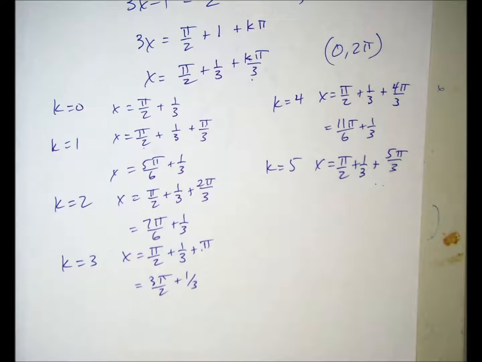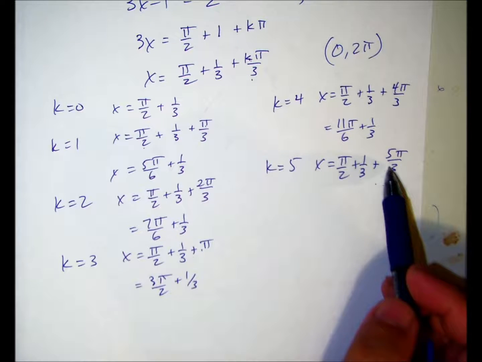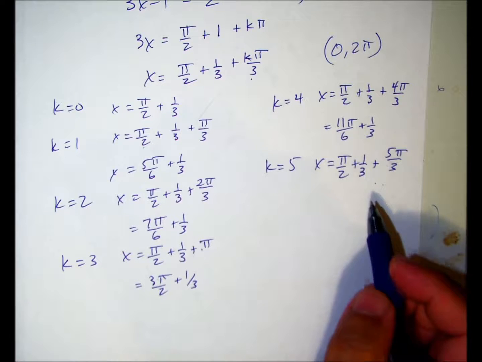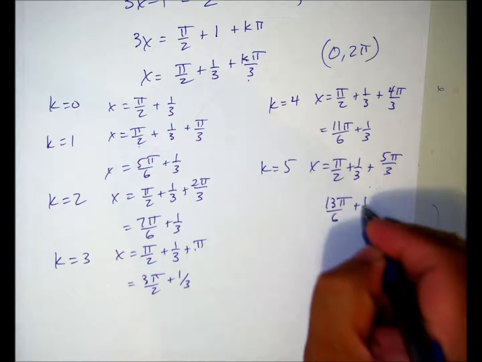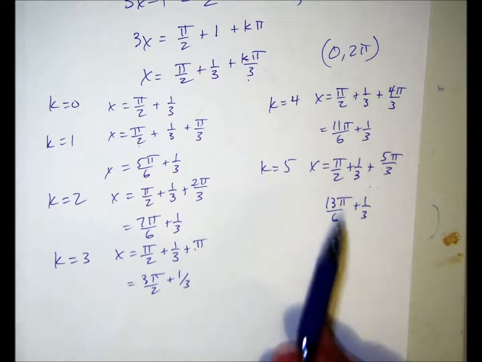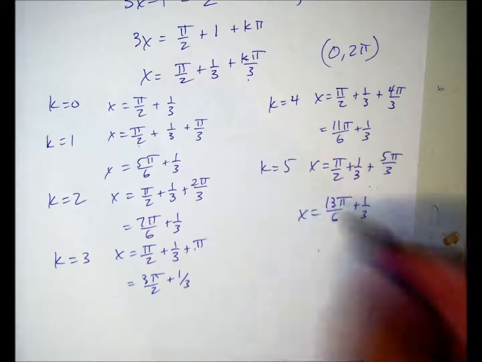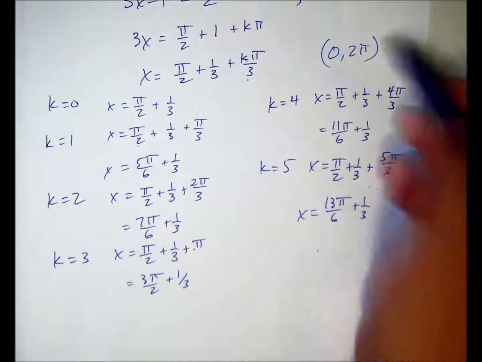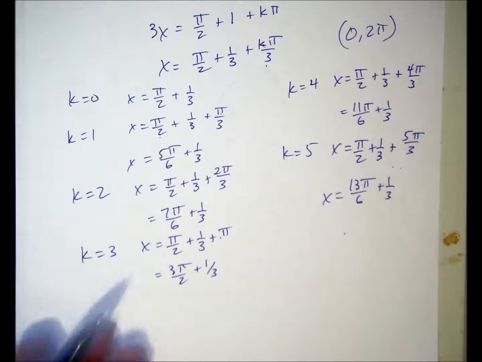Just to confirm, 5 pi over 3 is the same as 10 pi over 6 plus 3 pi over 6, that makes it 13 pi over 6 plus 1/3. Well, 2 pi is equal to 12 pi over 6. So this is beyond our range of values, so we reject this one. Well, it is a solution, but not in the range we're given. Okay, and that's enough for number 8. Ugh.